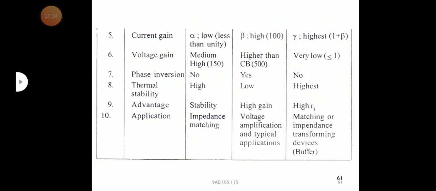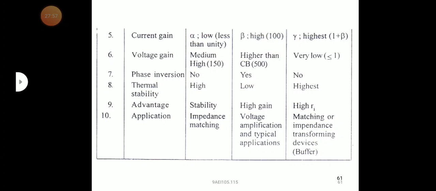Coming to voltage gain, the common base has low voltage gain, the common emitter has higher voltage gain than the common base, and the common collector has very low voltage gain, less than or equal to 1. So we don't prefer the common collector for amplification purposes.